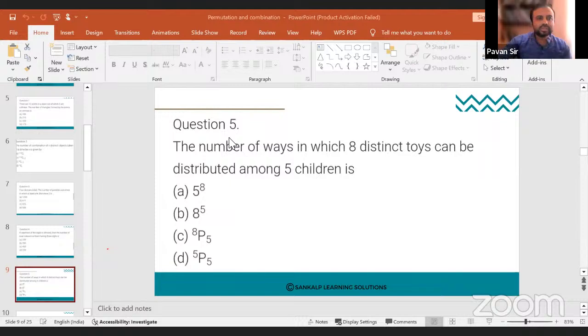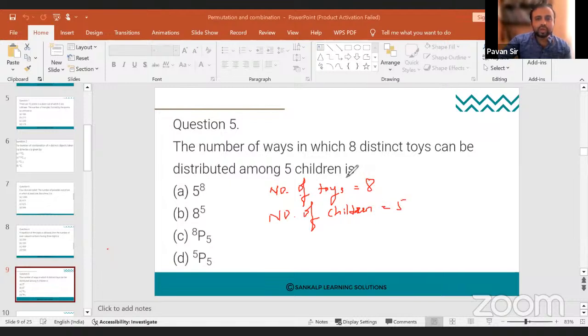Here, how many toys are there? 8 toys are there. 8 distinct toys means the toys are different from each other. And the number of children? 5.